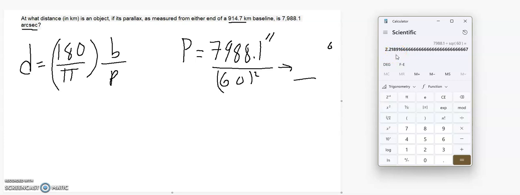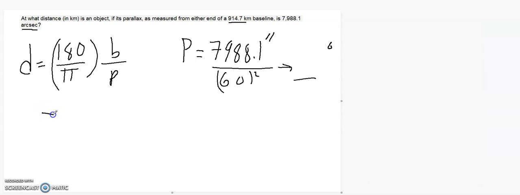So here, 3 places past the decimal would be 2.219, right? Because that would be 3 places past the decimal. So here's my calculation.